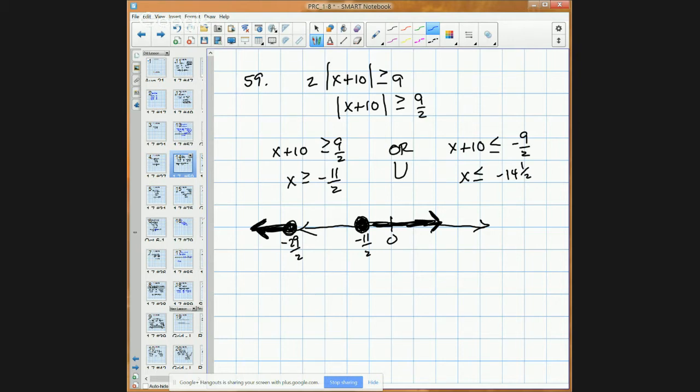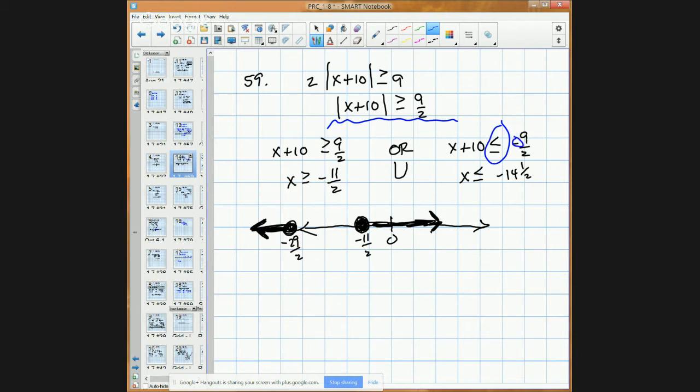Once you get to this part where you've got the absolute value by itself, now you can break this into 2 portions. The first part, on the left, just ignore the absolute value signs completely. On the second part, I have to do 2 things. I have to flip the inequality around. See how I did that right here? And I have to do the other sign.